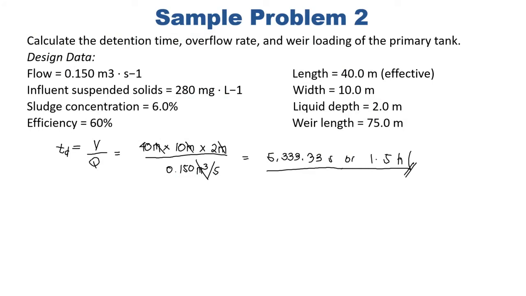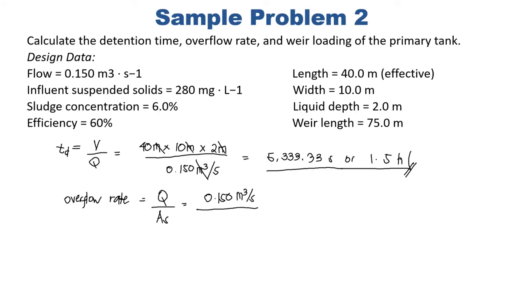Now we are going to solve for the overflow rate, and it is equal to the volumetric flow divided by the surface area. So overflow rate is equal to the volumetric flow divided by the surface area. And we have the volumetric flow of 0.150 cubic meter per second.